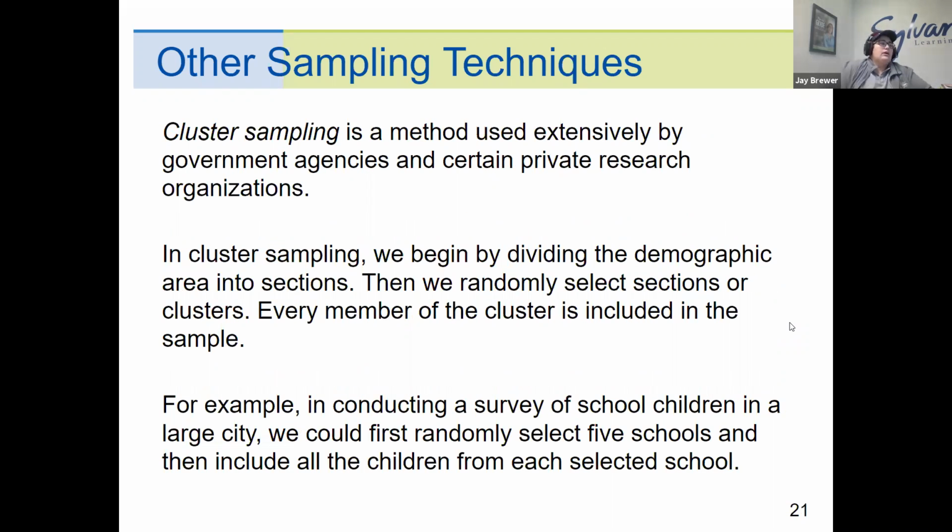Okay. Here's another kind. Cluster sampling is a method used a lot with government agencies. Pretty much it's where we select sections or clusters. Everyone within a certain borough could be selected.